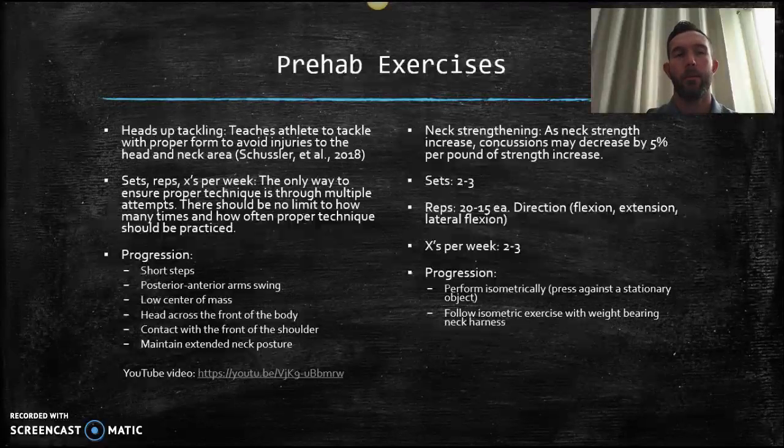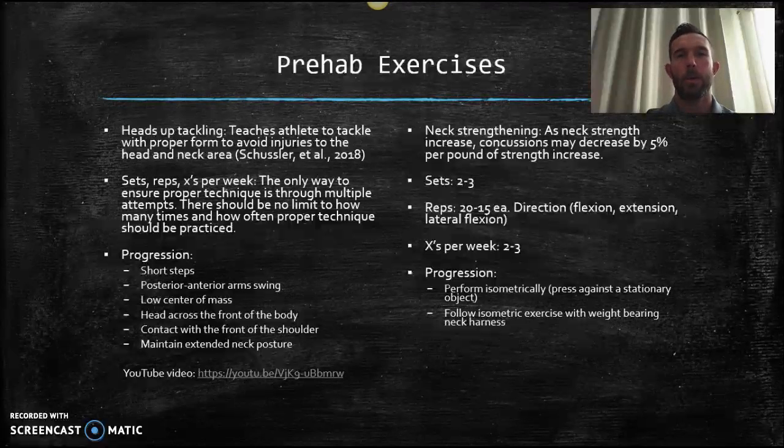Proper tackling form, and there's a progression there, short steps to slow the body down. You have the arm swing, low center of mass, and the most important is keeping the head up, not using it as a striking object, which helps to eliminate some of the compression of the neck and then jarring of the brain in the skull. You also have a YouTube video there.